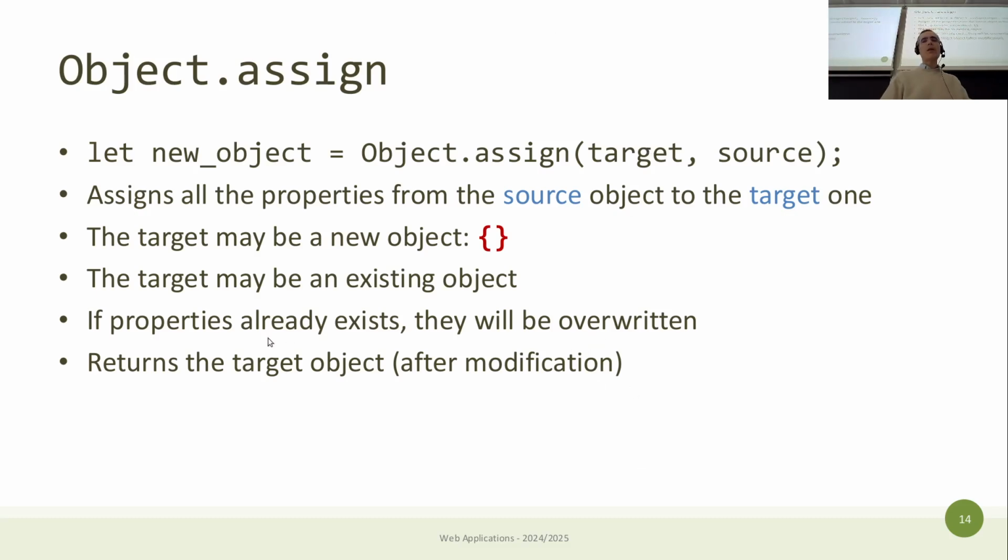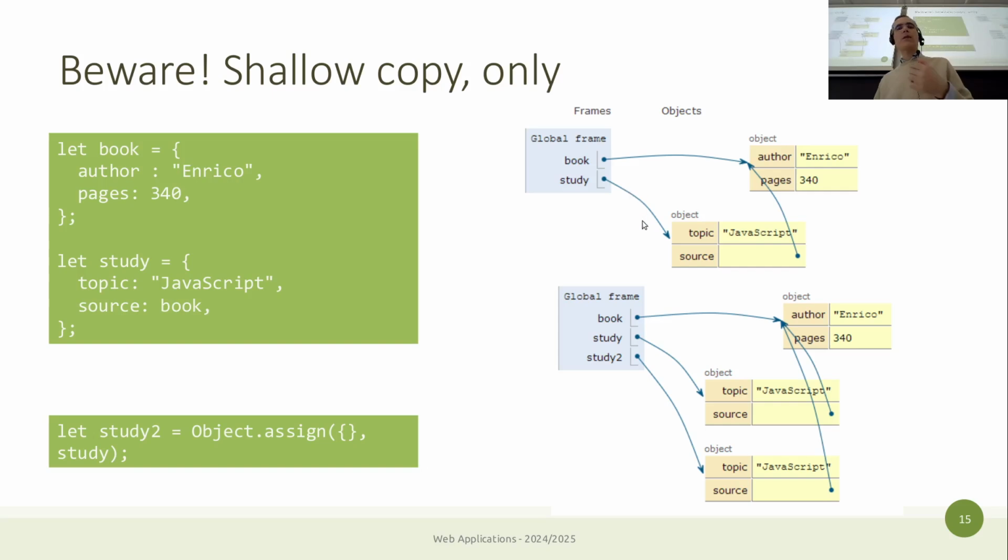Just be aware that if properties already exist, they will be overwritten. We cannot have 2 properties with the same name. It returns the target object. But it's convenient when you put the new object here, because otherwise you don't have the handle, you don't have the reference. Otherwise you have the reference already.